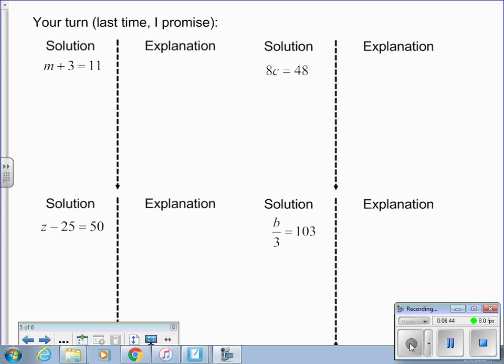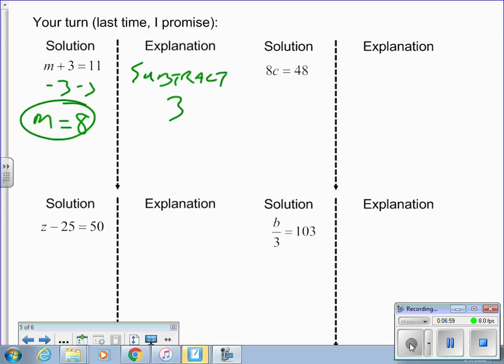Okay, so first one, m plus 3 equals 11. What do I do? Subtract 3. And I get m equals 8. And then what do I do here? Divide by 8. And I get C equals 6.